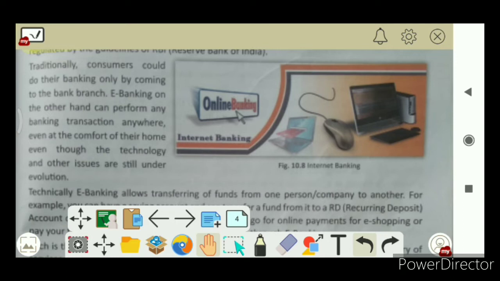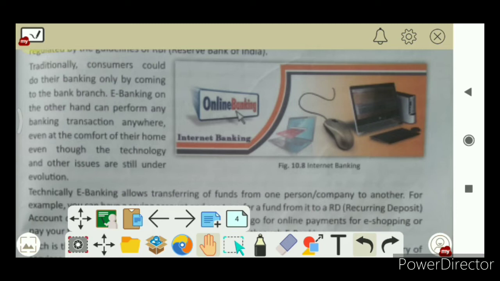It means you can do any banking transaction from anywhere or even from your home very easily without going to the bank.